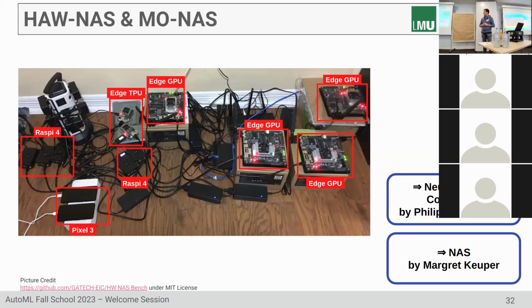This is why we will also have a hands-on tutorial on how to leverage neuromorphic architectures in order to gain some energy efficiency also in neural network training and maybe also in the future in neural architecture search. And we will have an invited talk about neural architecture search just today.